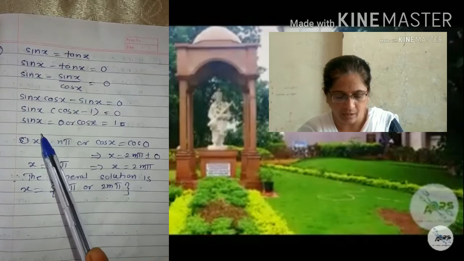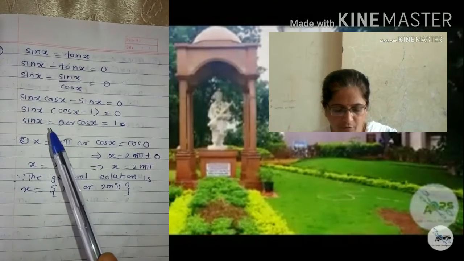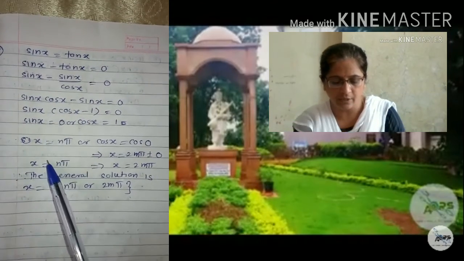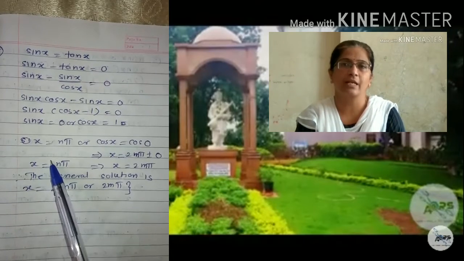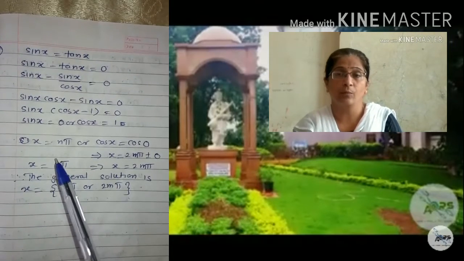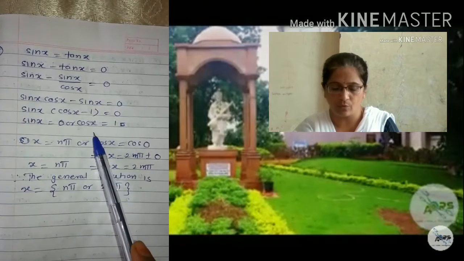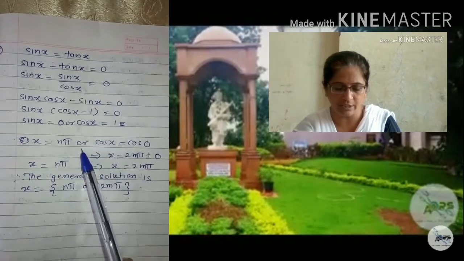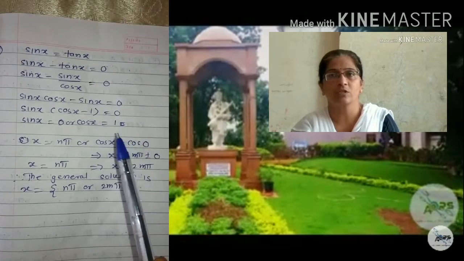Now the first, that is sin x equal to 0, is an equation in the form of sin x equal to the trigonometric function which is equal to 0, and the second equation cos x equal to 1 is in the form of cos x equal to cos alpha.